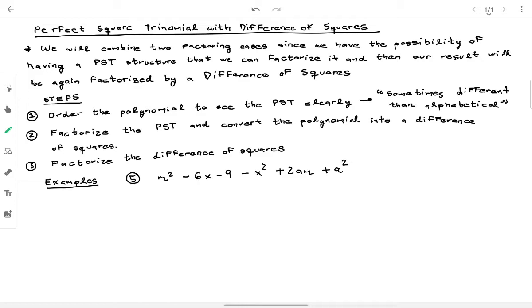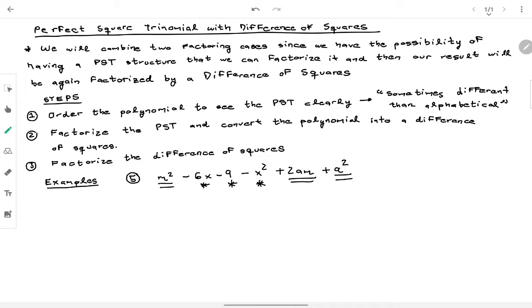In this case, of course, one specific perfect square will be composed by these three, those that have a squared and m squared, because the square root of those is a and m, so the middle term must have a and m. And of course the other ones will be these three that are also a perfect square trinomial.